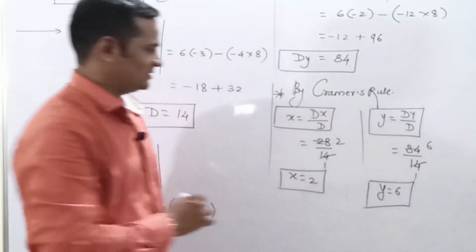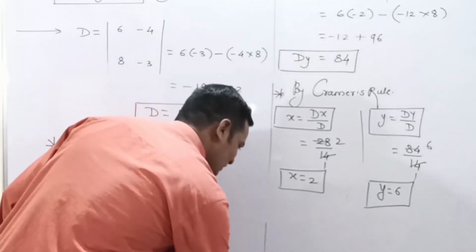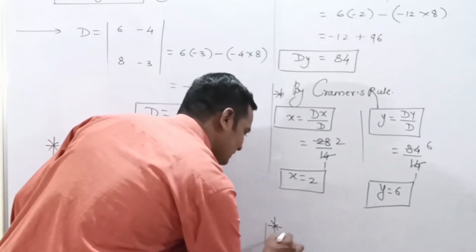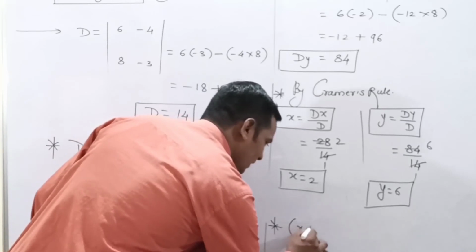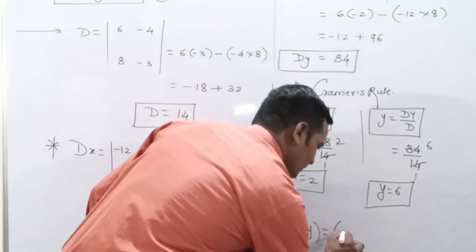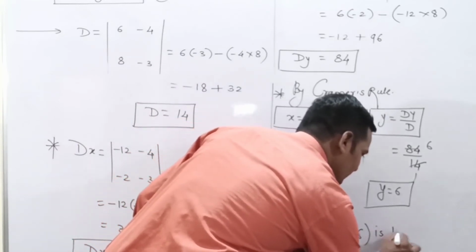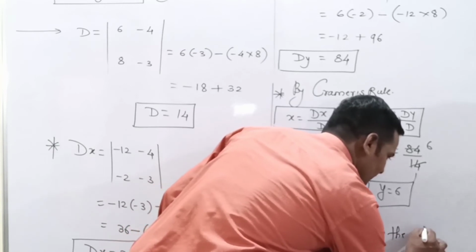How simple is this? Let's write the answer in words: the variables x and y have the values 2 and 6, which is the solution.